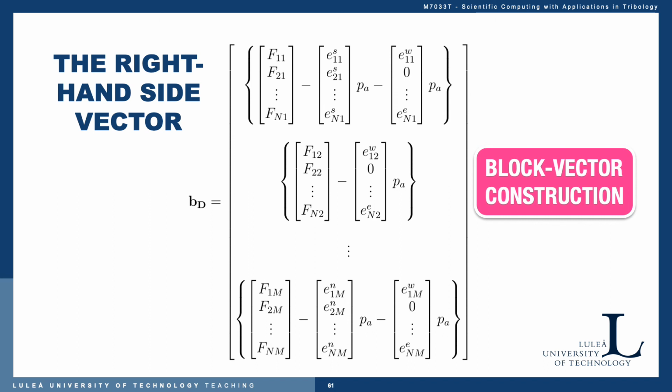And then there will be a central part of the right hand side vector where only the east and west boundaries contribute to the vector. And then on the bottom part, the last block vector, we will have the north boundaries also included.